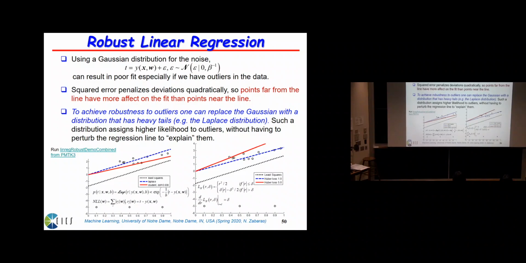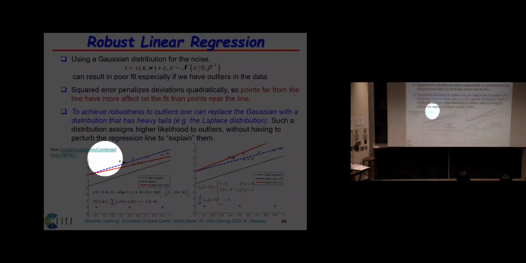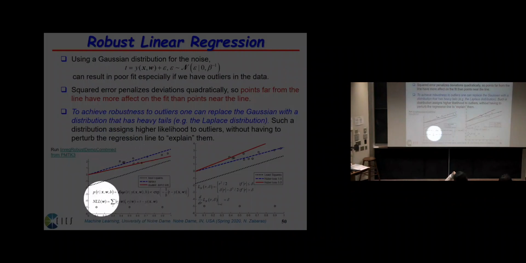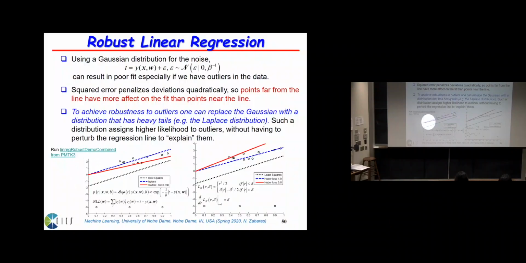If you want to have something that is a little bit better, you're going to have to use a likelihood that does not have a square in the exponential, and a potential likelihood that I have here is the Laplace likelihood. Student T and many others may do the job as well. So this is not something to take lightly. Again, in the presence of outliers, Gaussian likelihood is not going to do a good job.